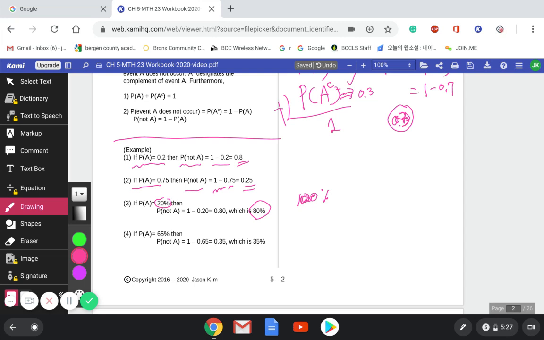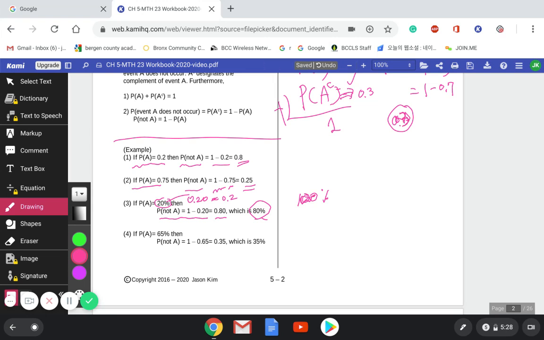So 100% is 1, so 20% is 0.20, or 0.2. So to find the complement, 1 minus 0.2 is 0.8, or 0.80, which is the same thing. If you have to express it, that's 80%.